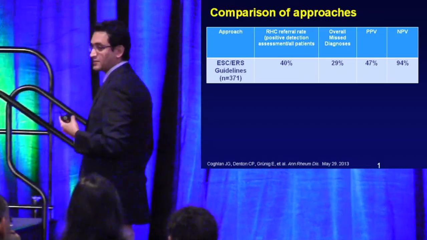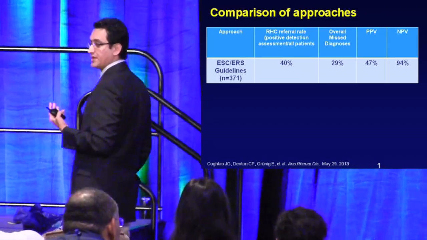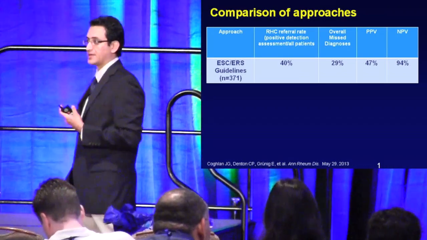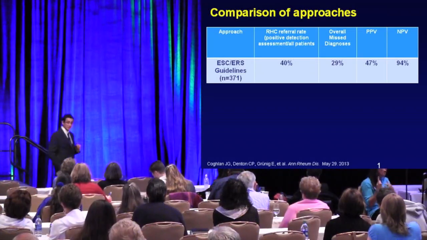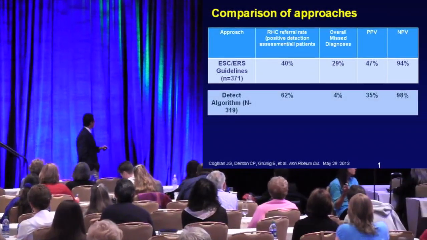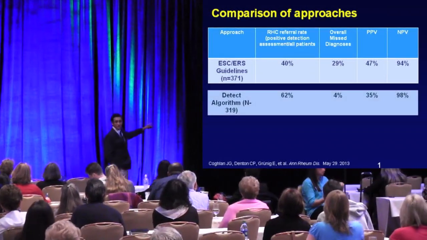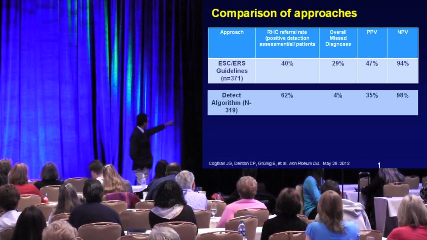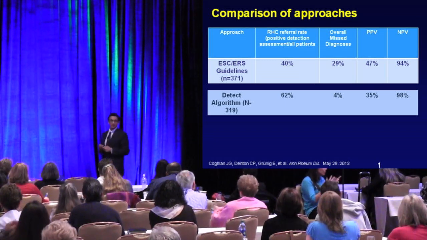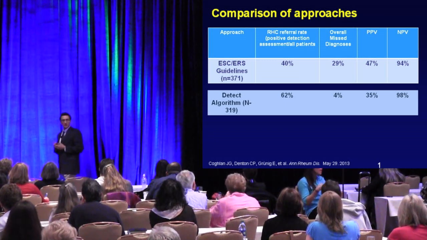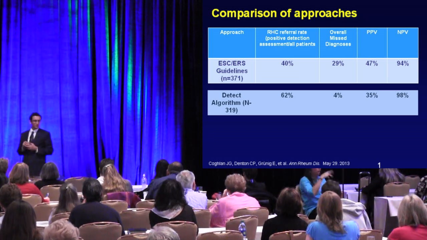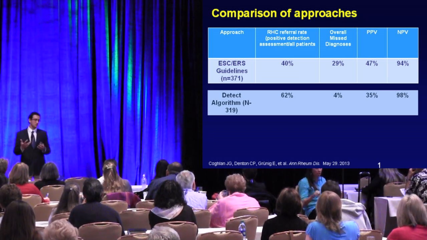So we would have missed 1 in 3, 1 in 4 people who had pulmonary arterial hypertension. If you put the DETECT algorithm at work, we only missed 4% of the people. So the third column again, 4% of the people were missed. So we captured an additional 25% of the people by using this algorithm.